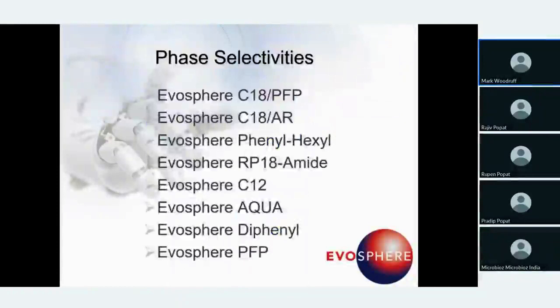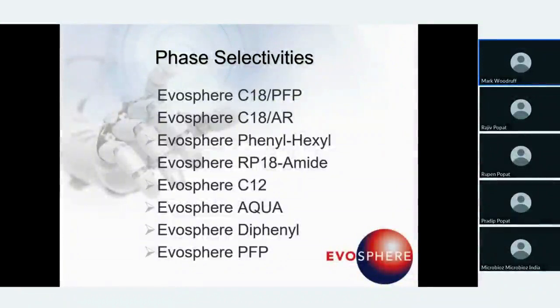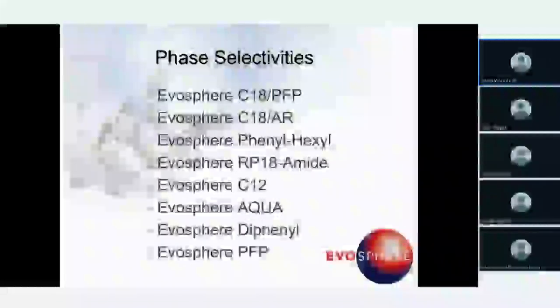So we're going to look at a few of these phase chemistries here, and what you will note straight away is that there's some combination stationary phases there. So the first one is a mixed C18 and PFP, so pentafluorophenyl.